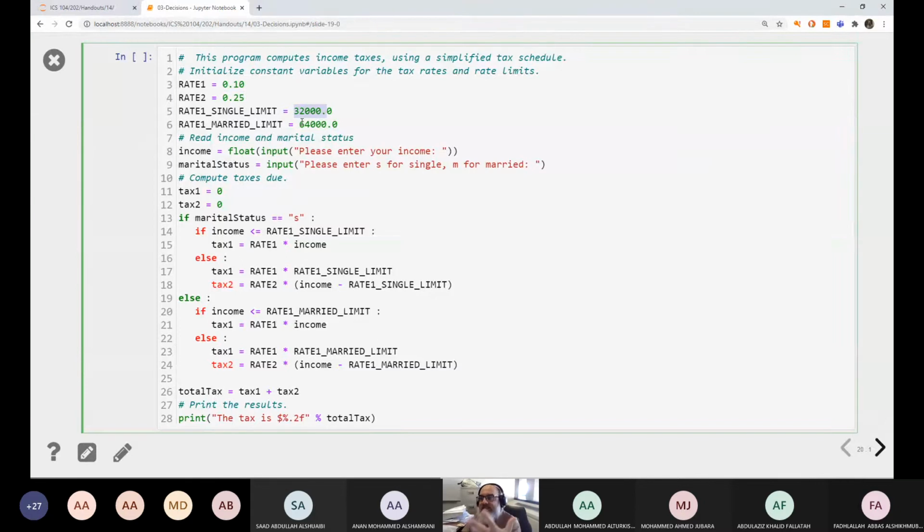So it makes sense to use constants to represent these values. It's better to have them rather than bare numbers like 0.1 or 0.25 or 32,000 or 64,000. Now, who can tell me what these two lines are going to do?